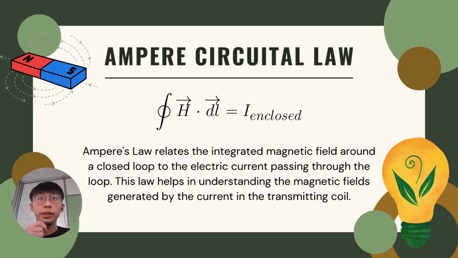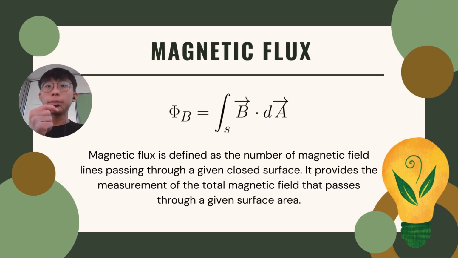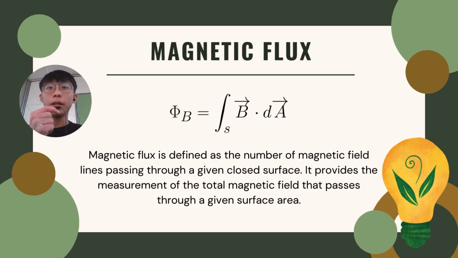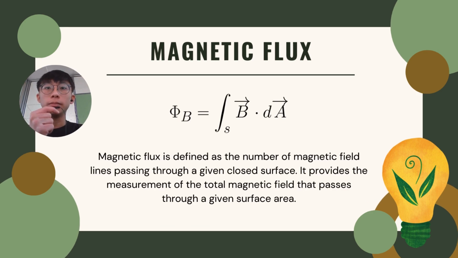Ampere's law relates the integrated magnetic field around a closed loop to the electric current passing through the coil. Last but not least, to determine the magnetic flux produced by the transmitter, we can integrate the dot product between magnetic flux density and the differential area that the magnetic field lines pass through. Hence, magnetic flux is defined as the number of magnetic field lines that pass through a given closed surface.